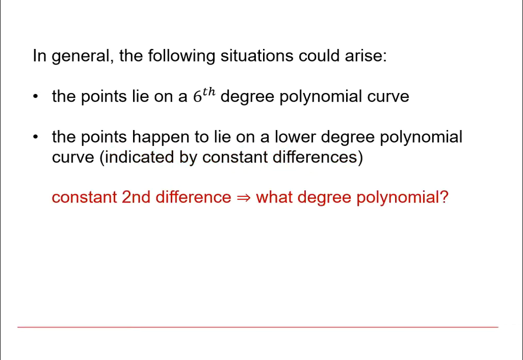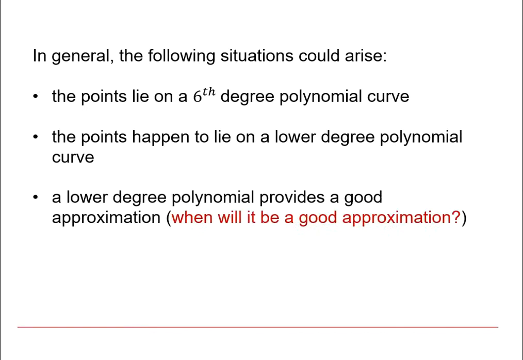And as an example, if you had constant second differences, then that would mean that you could fit a quadratic exactly through the points. But we might be satisfied with a good approximation, in which case we just want the differences to be approximately constant.